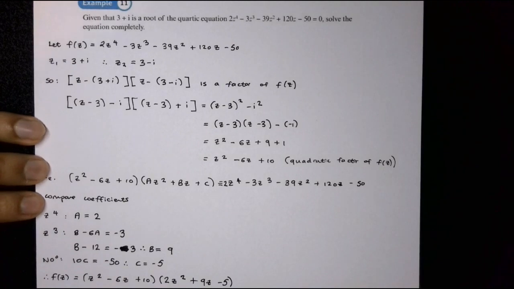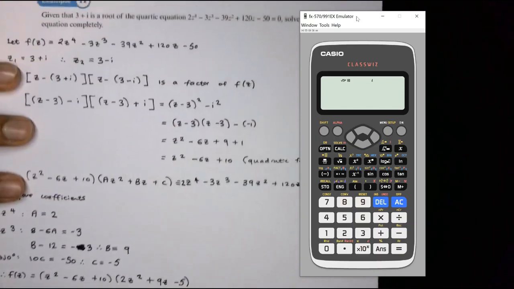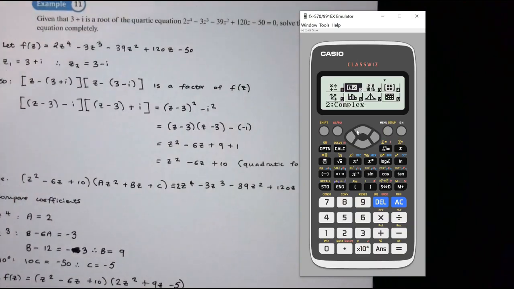So if we take a look at our equation on our calculator, we simply go to the equation solver. We have a polynomial of degree 4. We enter in our coefficients. We have 2z to the 4 minus 3z cubed minus 39z squared plus 120z minus 50, and this is all equal to 0.